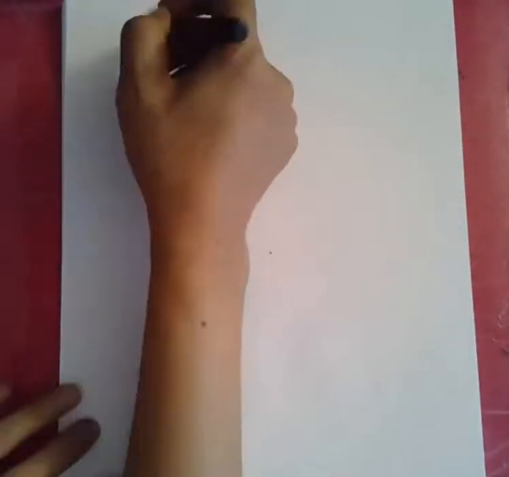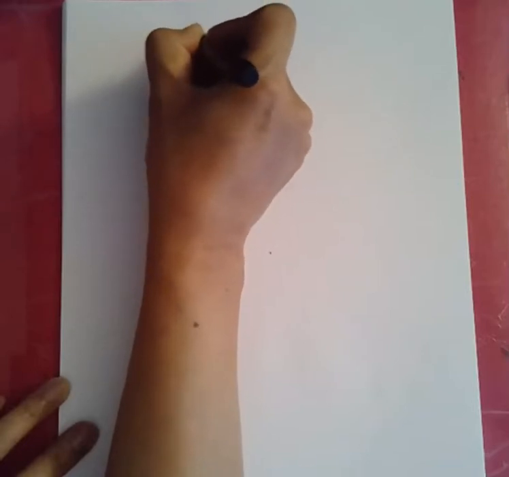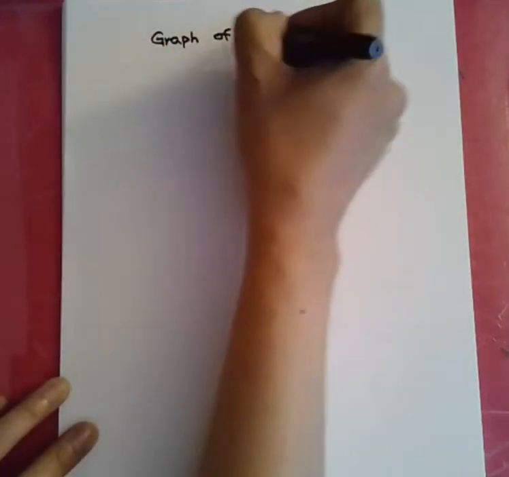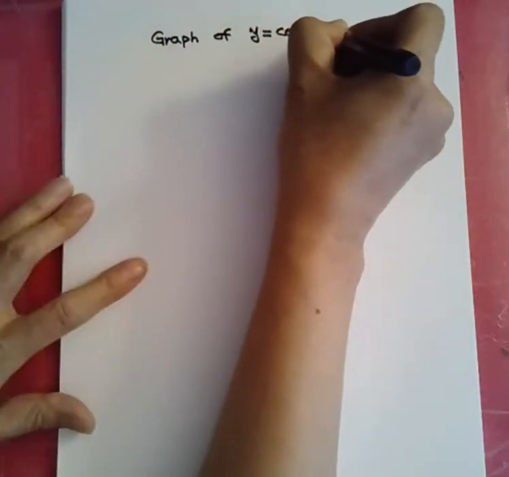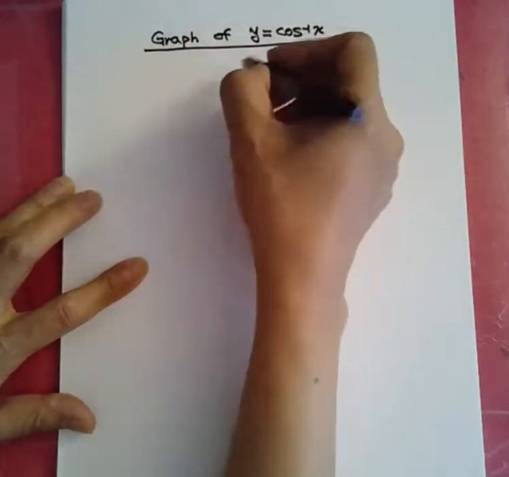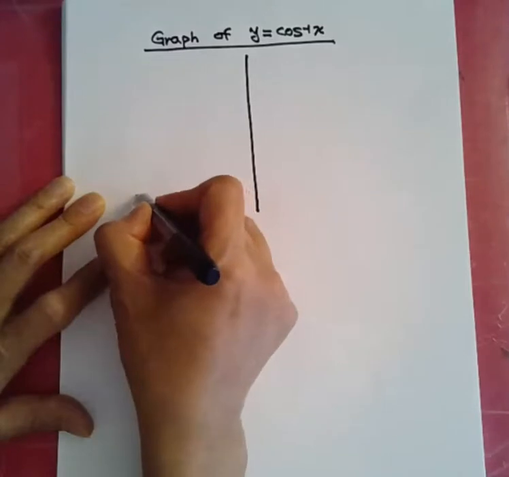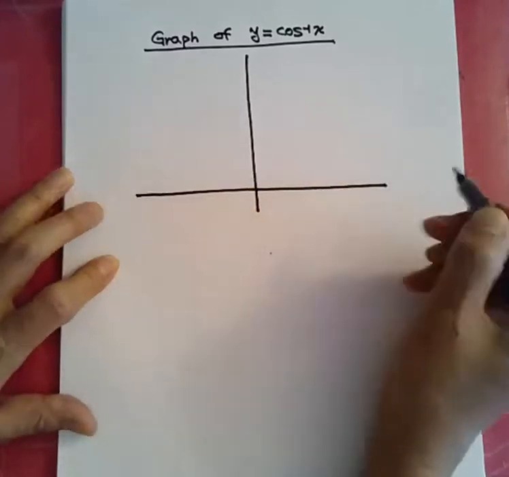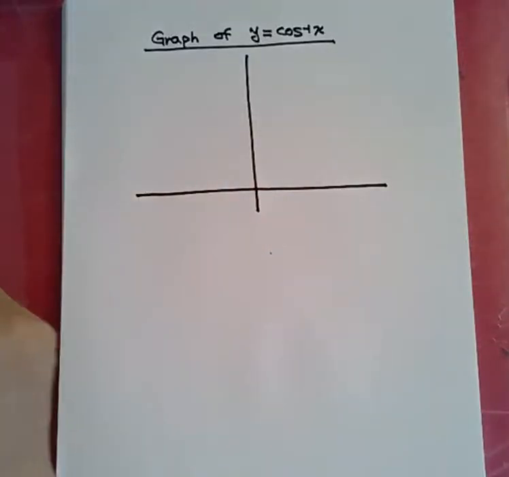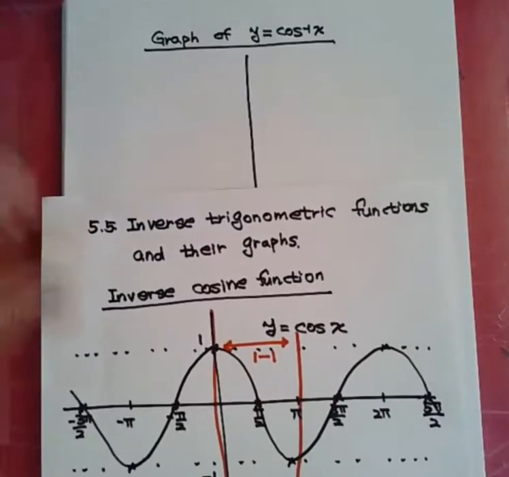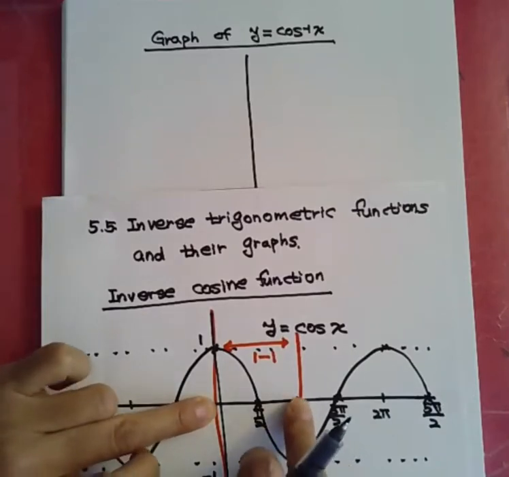Let's graph the inverse cosine function. Previously, we limited ourselves to 0 to pi, and those were x values.